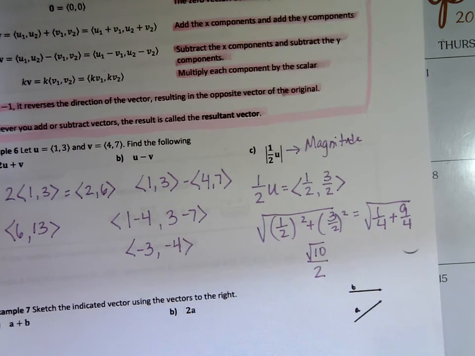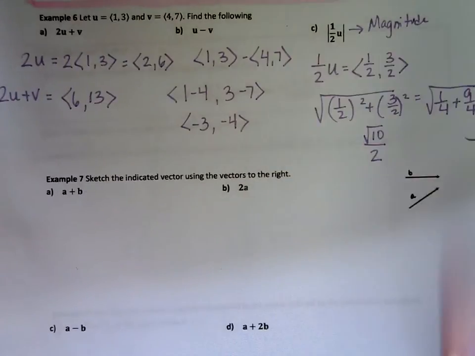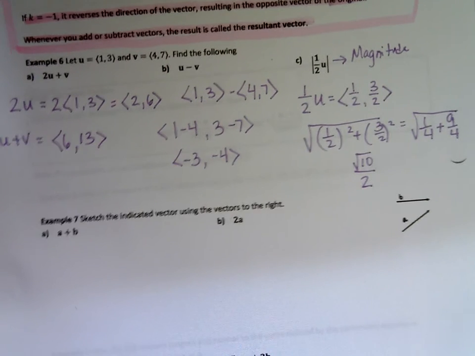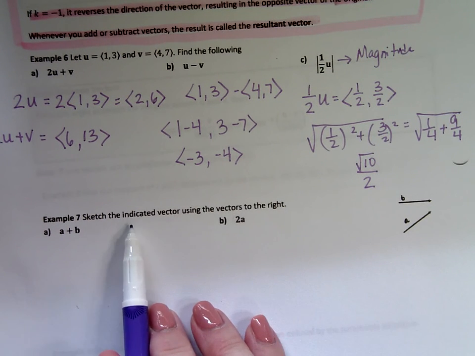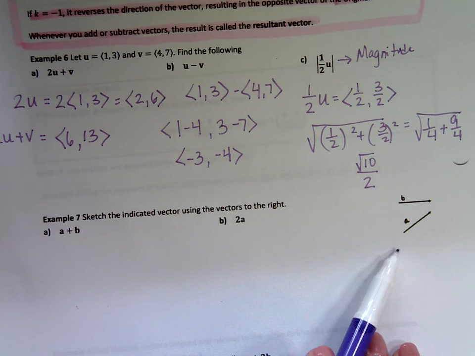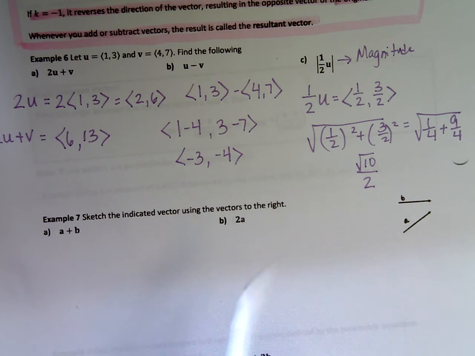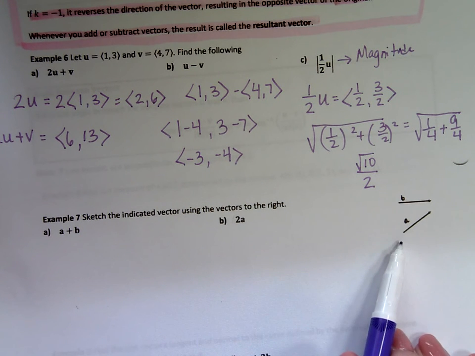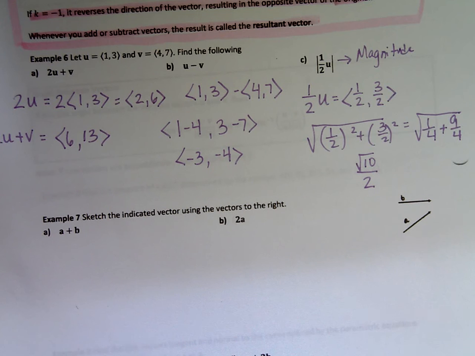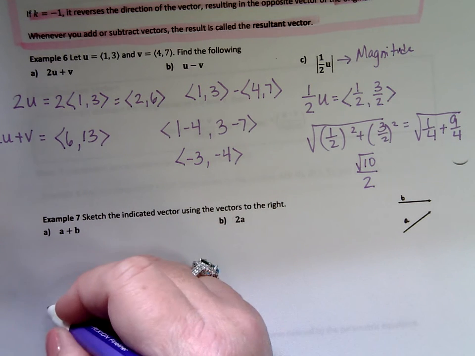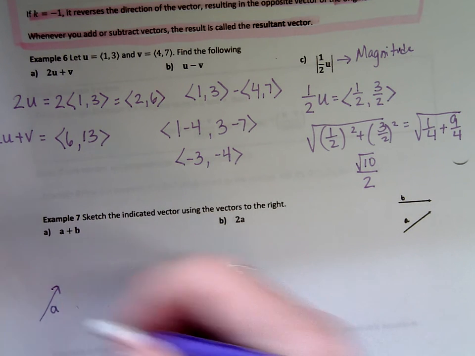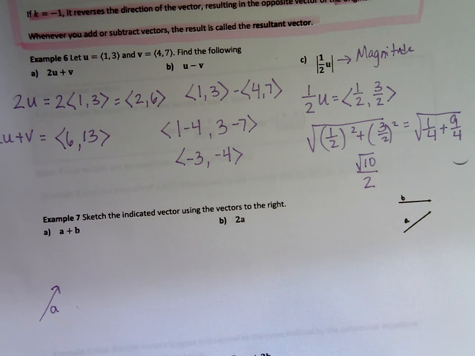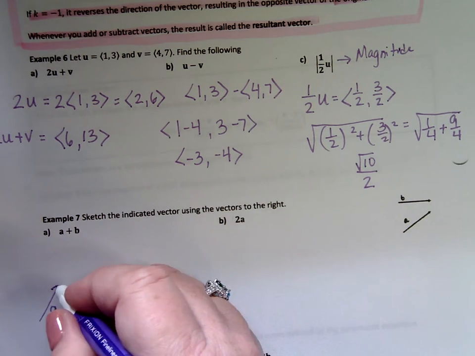All right, next task is to try drawing these things, which is kind of fun. If I look at this, they want me to sketch the indicated vector using vectors to the right. So here's the A vector, here's the B vector. B vector is going horizontally. This A vector is kind of going in a diagonal there. So they want me to take A plus B. So I'm going to first draw A. Here's my A. I'm going to call it A. And then B goes off from that where you stop off horizontally.